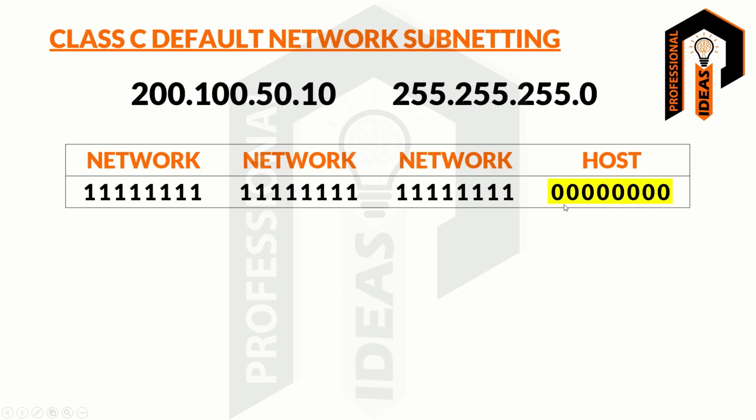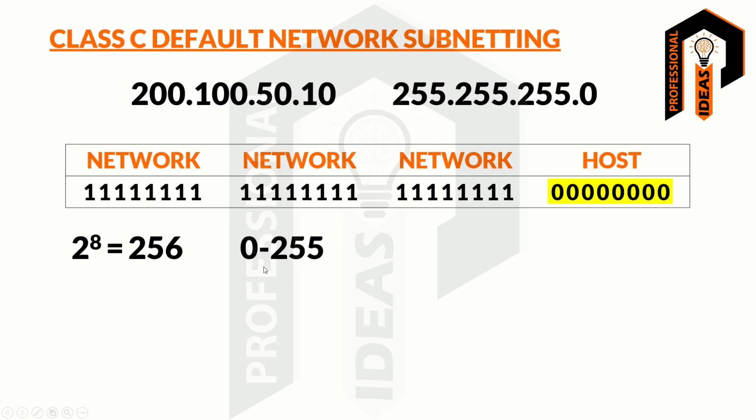This is a default class C network. These 8 host bits mean that we can raise the power of 2 to 8, which is equal to 256. So we have 256 values ranging between 0 to 255 for host segment in a class C network.